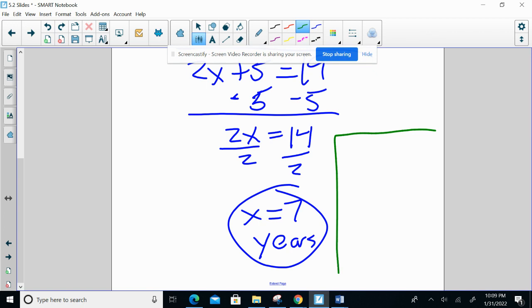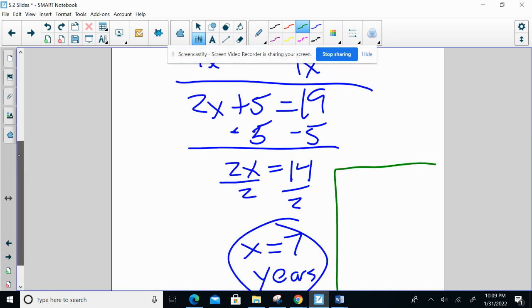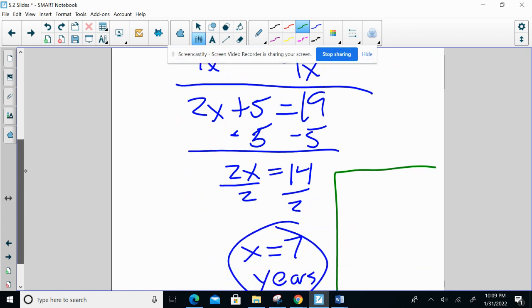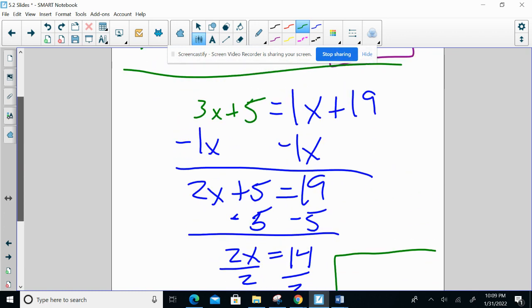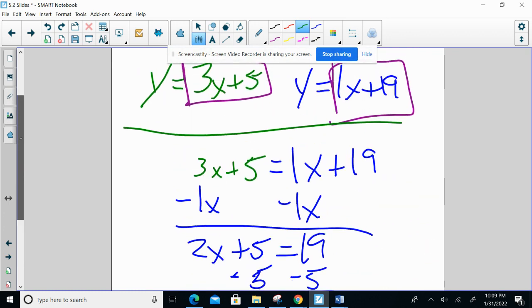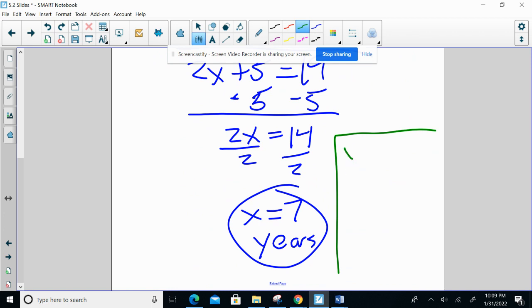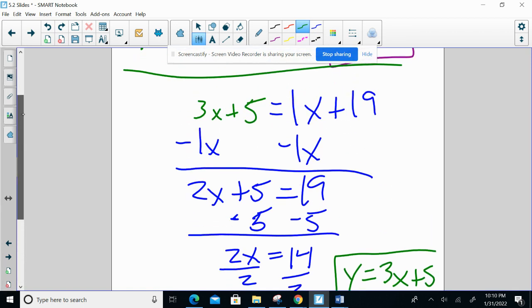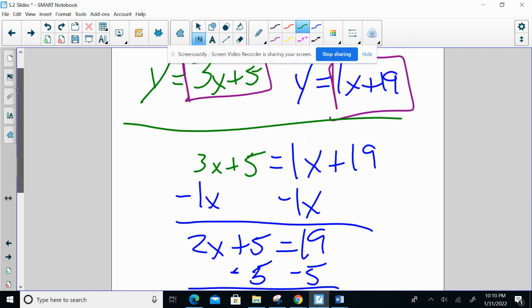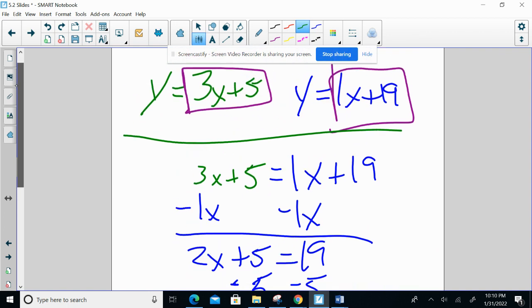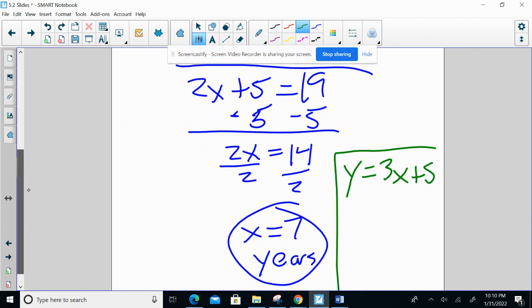Now let's find the number of pounds. So at 7 years, they're going to be equal. Let's find the number of pounds. So take one of your equations. I'm going to use this one. I guess it's kind of funny I picked that color because that's the color I had this equation in up here. Doesn't matter which one, by the way. You could do y equals 1x plus 19, or y equals 3x plus 5.